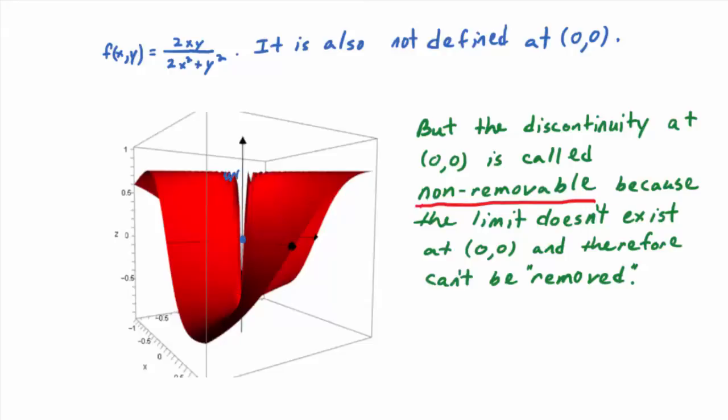It does weird stuff here, it drops, there's a big chasm here, comes back. If you zoom in on that, it would look the same. That's a telltale sign that the function is just discontinuous there. That kind of discontinuity at (0, 0) is called non-removable because the limit simply doesn't exist. It's not like one little pinprick of a hole in the graph. There is this big chasm there.